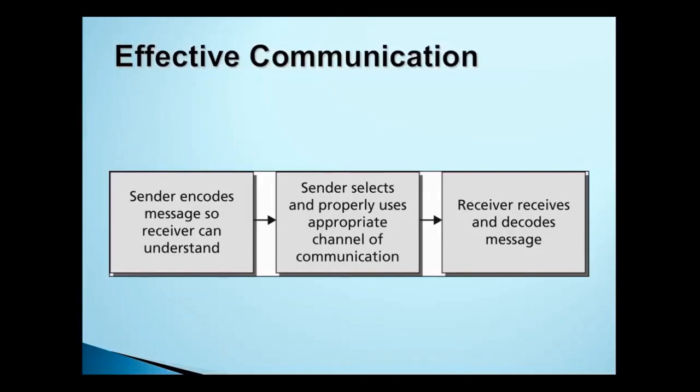But as this model shows, communication is portrayed as one-way, and that's not really the way it is. Effective communication is 2-way, meaning that I'm sending you a message, you're receiving the message, decoding the message, but then how do I know that you get it? How do I know that you understand the message? Well, in order for me to know that, you have to provide me some feedback. That can be a shaking of the head, a nod, yes, I get it.